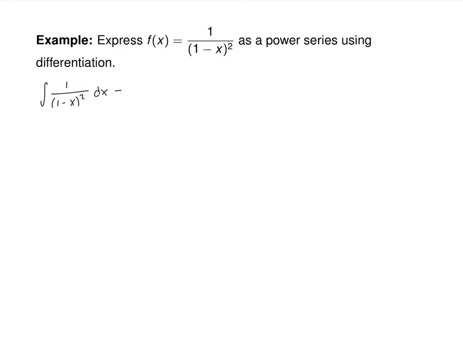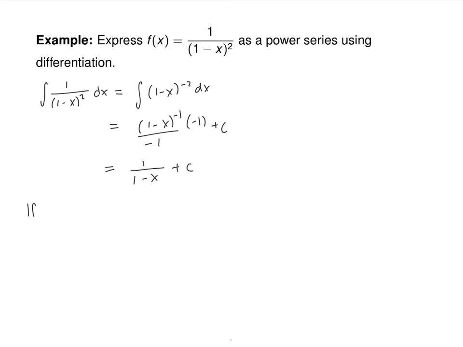That's the same thing as the integral of 1 minus x, the quantity to the -2nd, which applying the reverse chain rule is 1 minus x to the -1st over -1 with an additional -1 factor because of the -x, plus some constant c, or it's 1 over 1 minus x plus c.